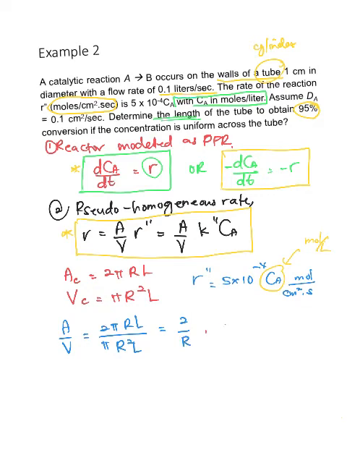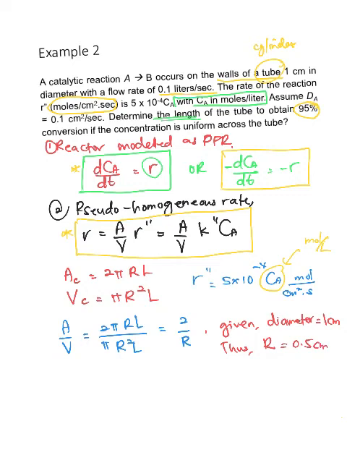It's equal to 2 over R. Okay, given the diameter 1 cm, thus R equal to 0.5 cm.